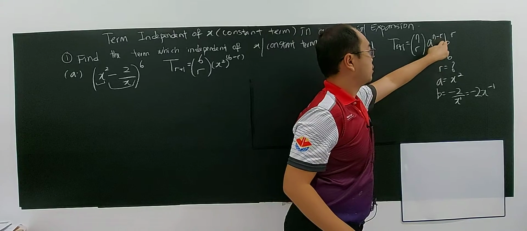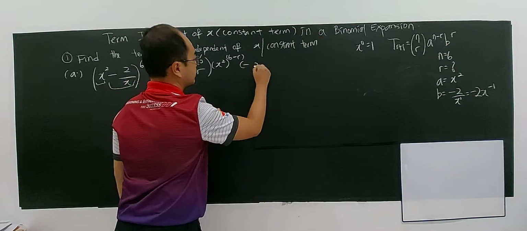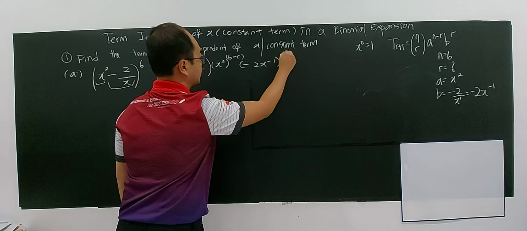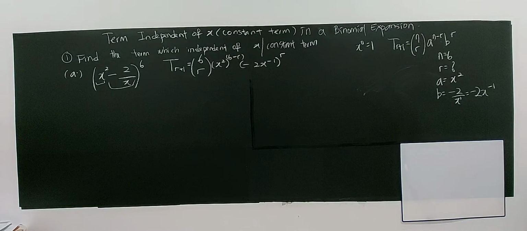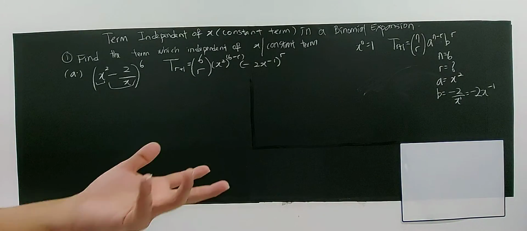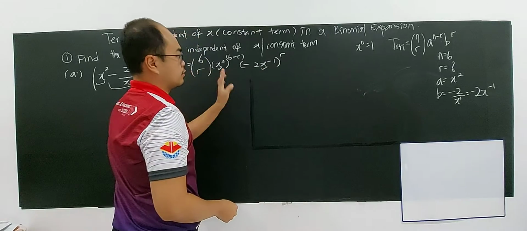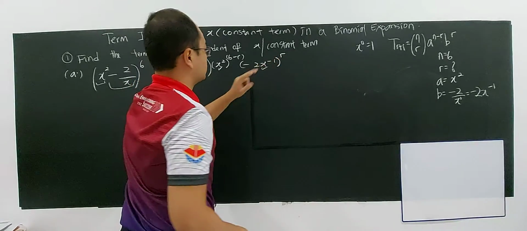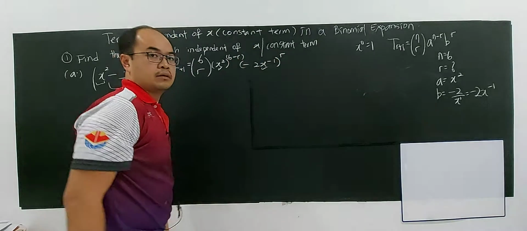And b is negative 2 x to the power of negative 1, to the power of r. You have used the formula. So now, you cannot choose the value of r as I told you in the previous video, because there is an x here and also an x here. You cannot decide straight away what the value of r is. So you cannot say r is 0.